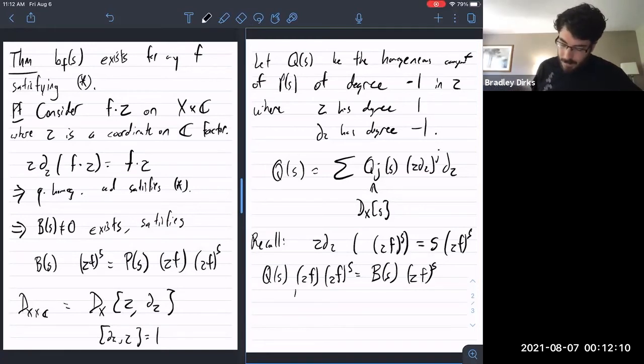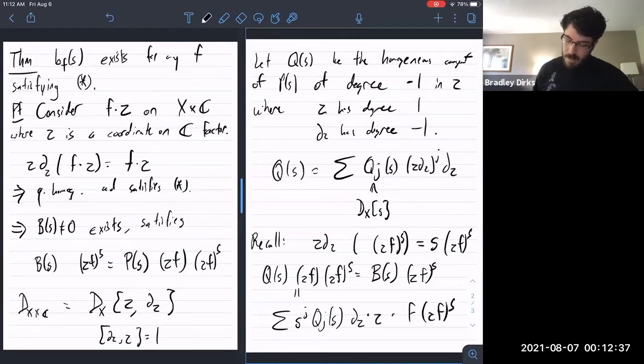If we sum up, we get a bunch of s to the j, which correspond to these terms. We get these Q_j(s), which we actually want to keep because those are elements of the ring that we care about. And then there's this dz times z times f times z f to the s, right?